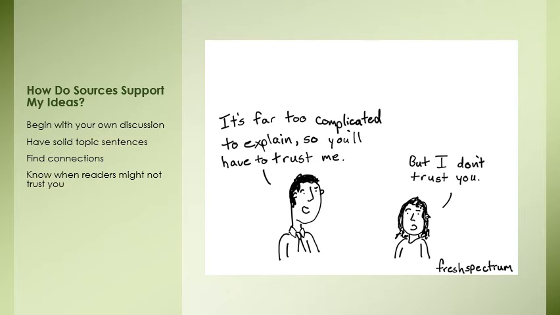So you want to make sure that you begin with your own discussion, and you want to make sure that you have solid topic sentences. Each of your paragraphs should start with something that you are claiming, a claim you are going to make, and then connecting to your sources. So you start with an idea, you back it up with people who know what they're talking about, and then suddenly they are supporting you and backing you up.